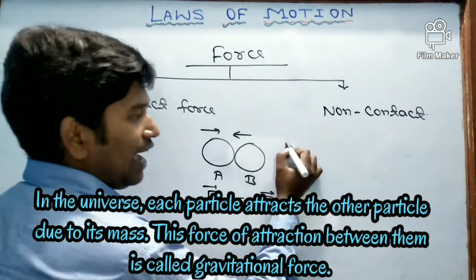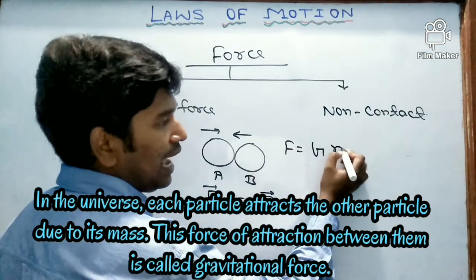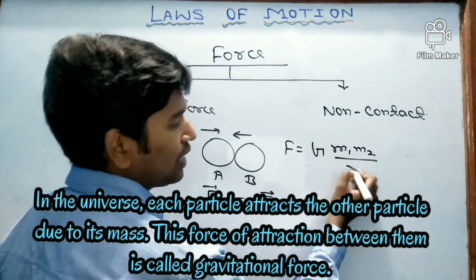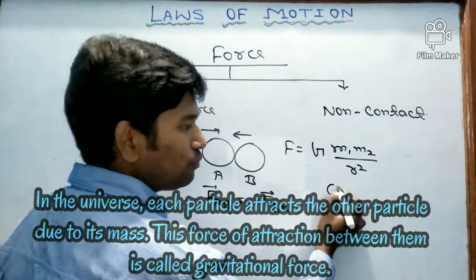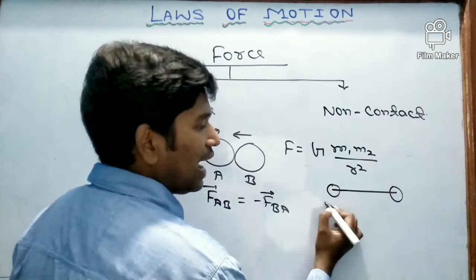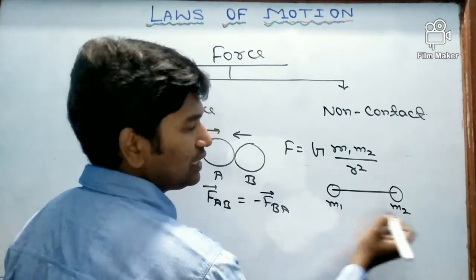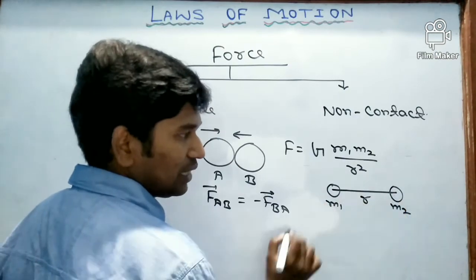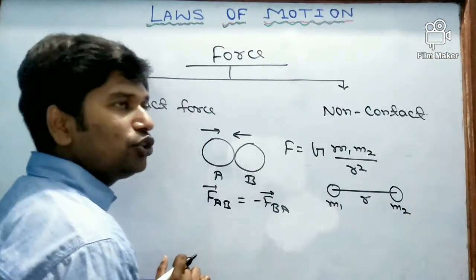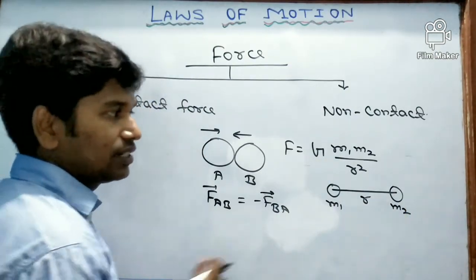That is, F is equal to G m1 m2 by r square, where m1 and m2 are the masses of the two bodies, r is the distance between them, and G is the universal gravitational constant.